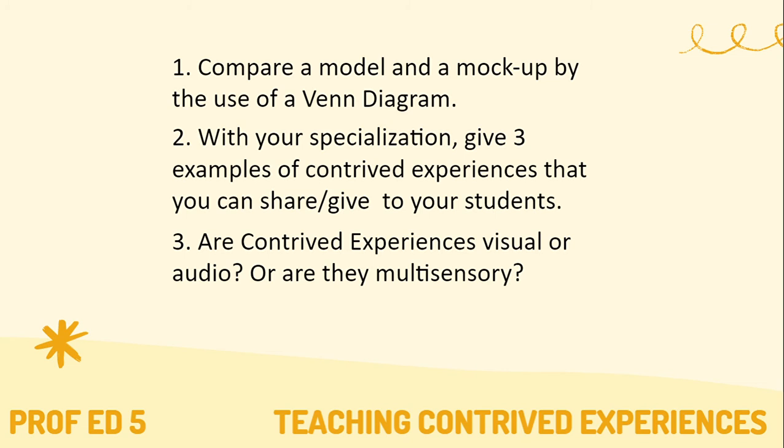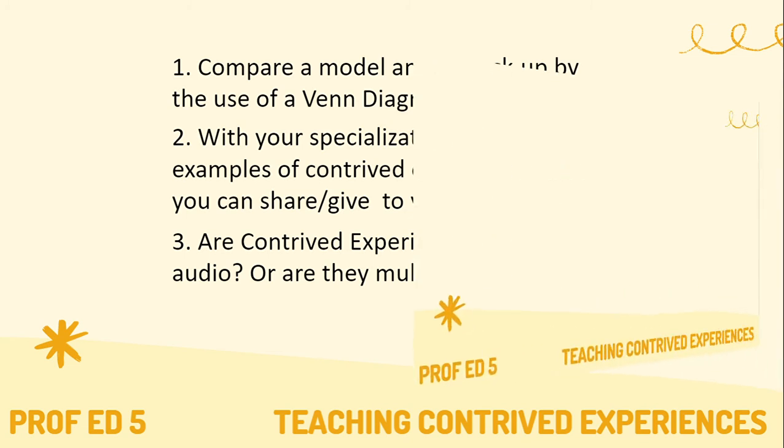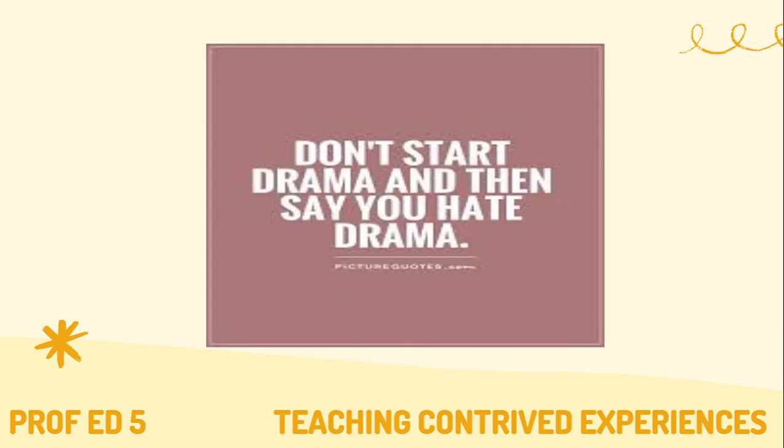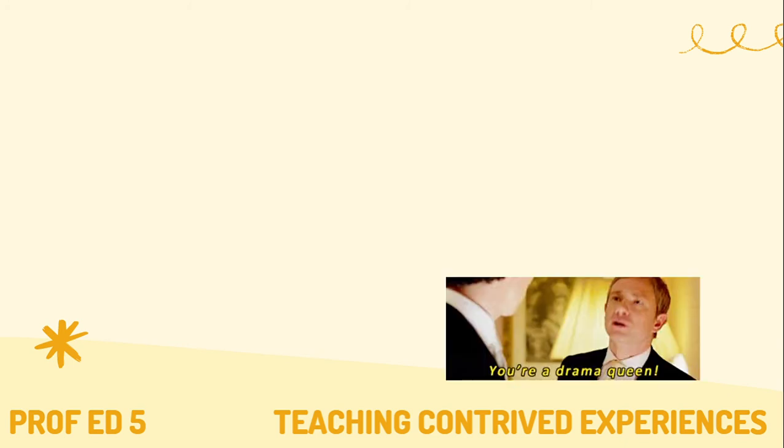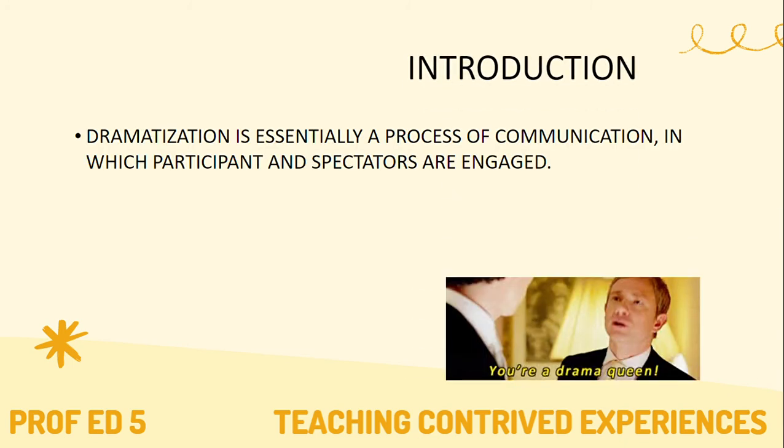Now, we have here an example activity for you. Okay, now let's continue. We can also have dramatized experiences. So this includes a lot of things. The dramatization can test the communication of the students who are engaged in your activity.